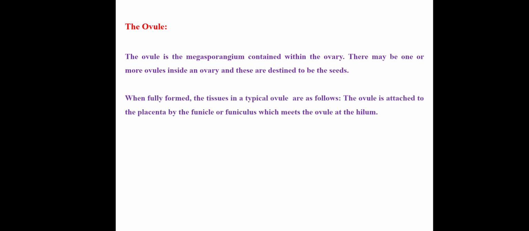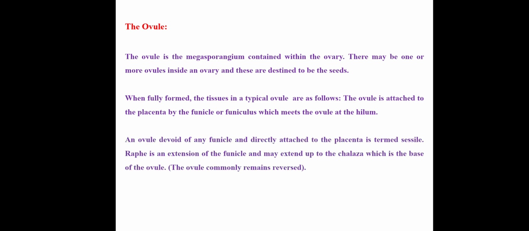When fully formed, the tissues in a typical ovule are as follows. The ovule is attached to the placenta by the funicle. The tissue of attachment of the ovule with the placenta is called the funicle or funiculus, which meets the ovule at the hilum. An ovule devoid of any funicle, or directly attached to the placenta, is termed sessile.